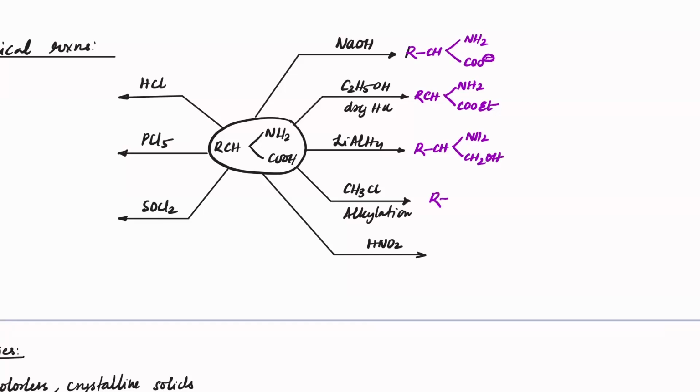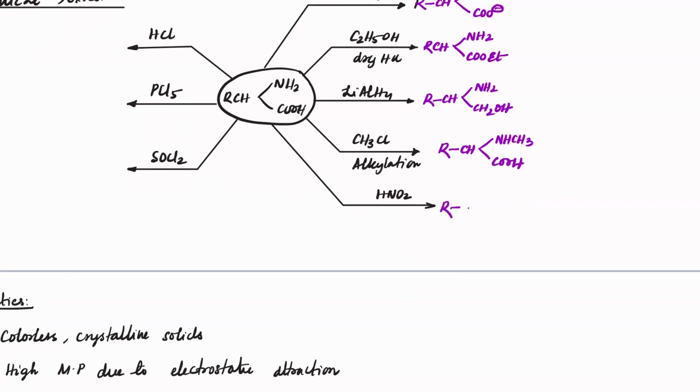Next, alkylation. Alkylation is when you have CH and this will become NH CH3, and the COOH will remain. HNO2 gives a diazonium salt, so that makes it CH and OH here and COOH, because after removal of N2 plus, water will attack and you'll get alpha hydroxy acids.